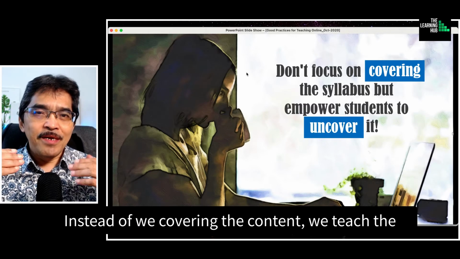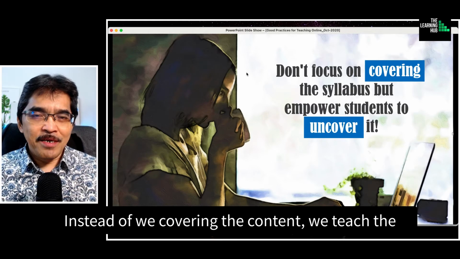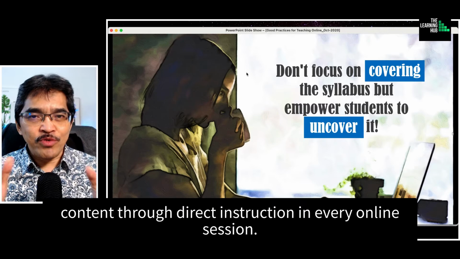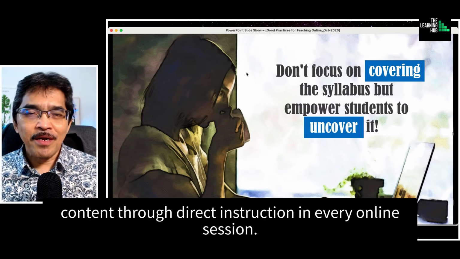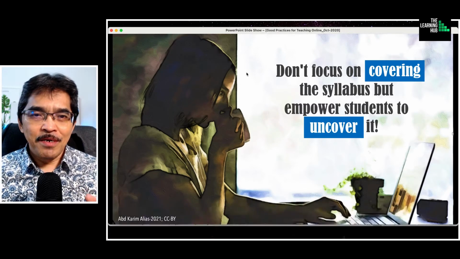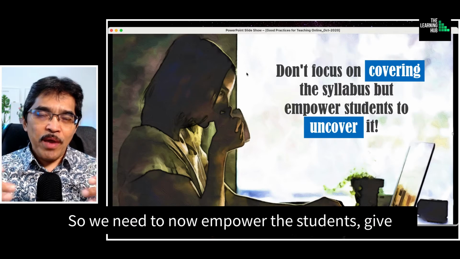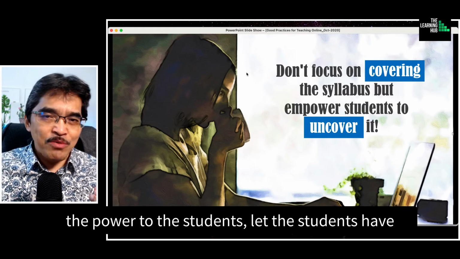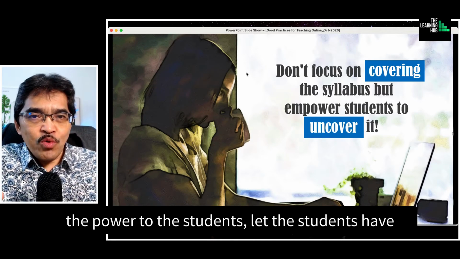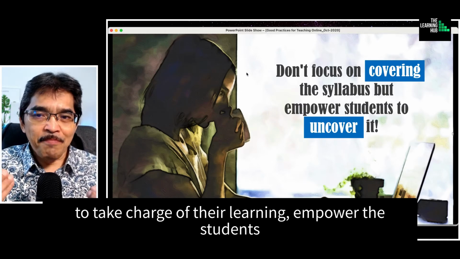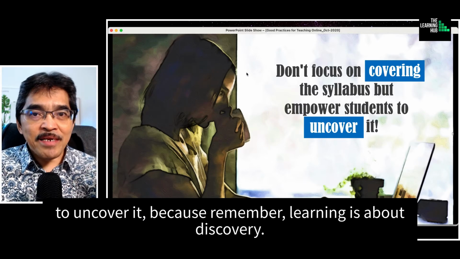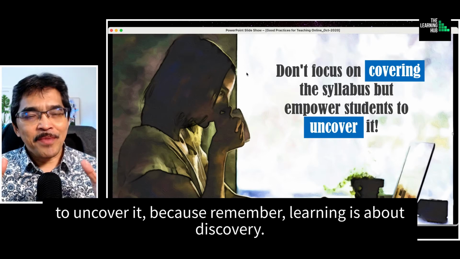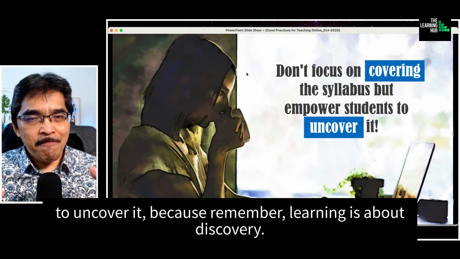Instead of covering the content and teaching it through direct instruction in every online session, we need to empower the students, give the power to the students, let the students take charge of their learning, empower the students to uncover it. Because remember, learning is about discovery.